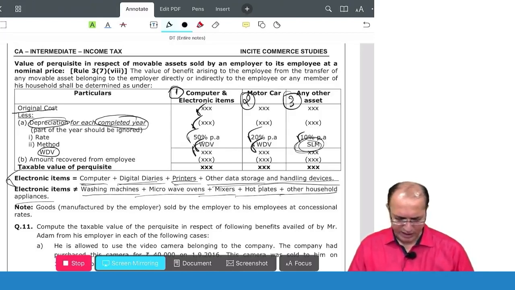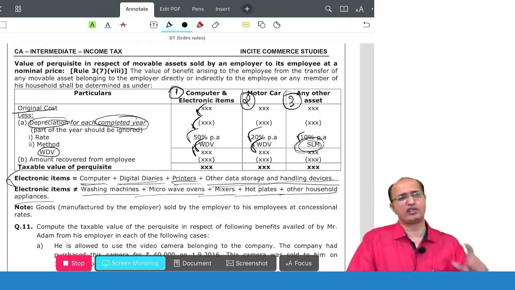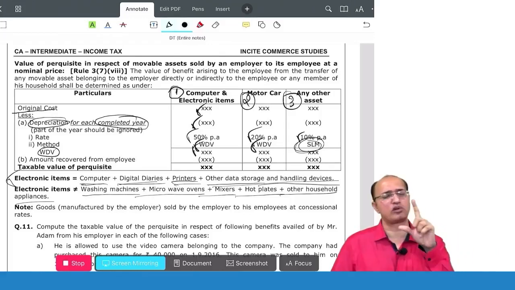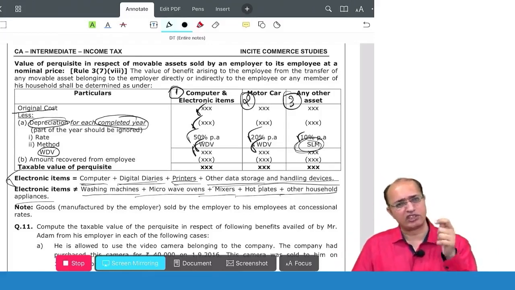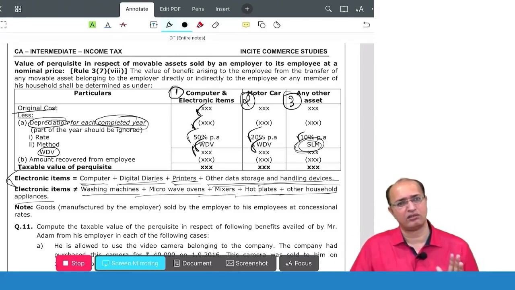Future Retail. In Big Bazaar, they are issuing an EDC card to an employee. EDC card is similar to an ATM card, which is made by Big Bazaar, and that card is given to their own employees. This EDC card is called the employee discount card.